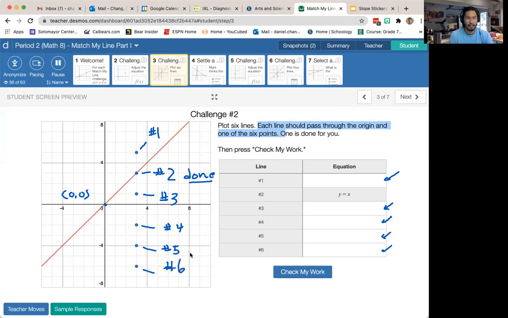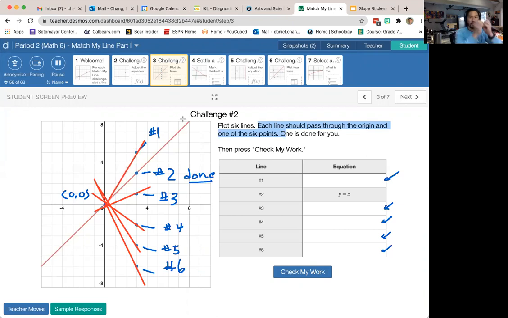Now, when you are done and you press check my work, what you should notice is that you're going to have 6 red lines, and they are all going to pass through the origin. You're going to have something that looks a bit like a giant blossom, a bunch of lines all crossing at the origin.